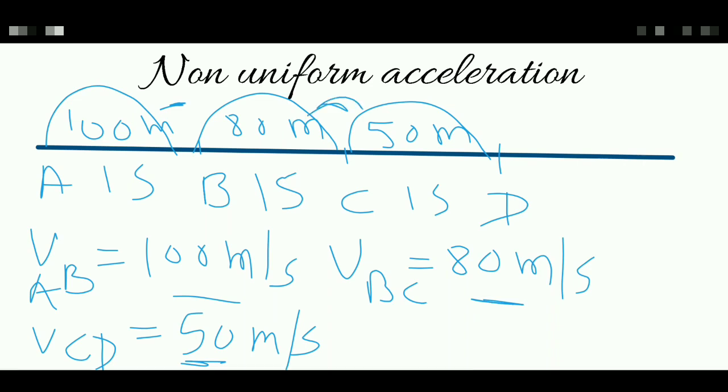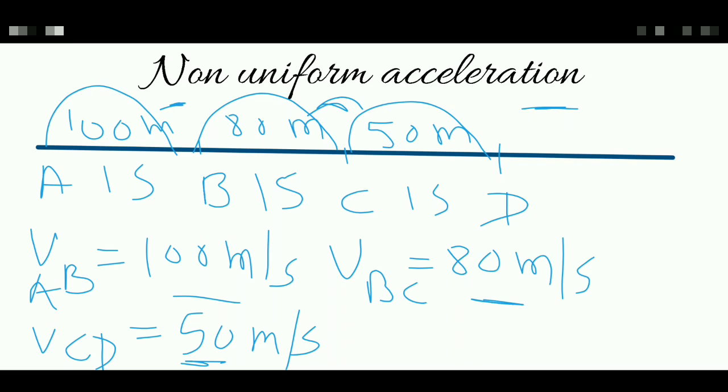Means the decreasing rate is not fixed. So when the rate of increasing or decreasing velocity is not fixed, then the object is said to have non-uniform acceleration. Am I clear?